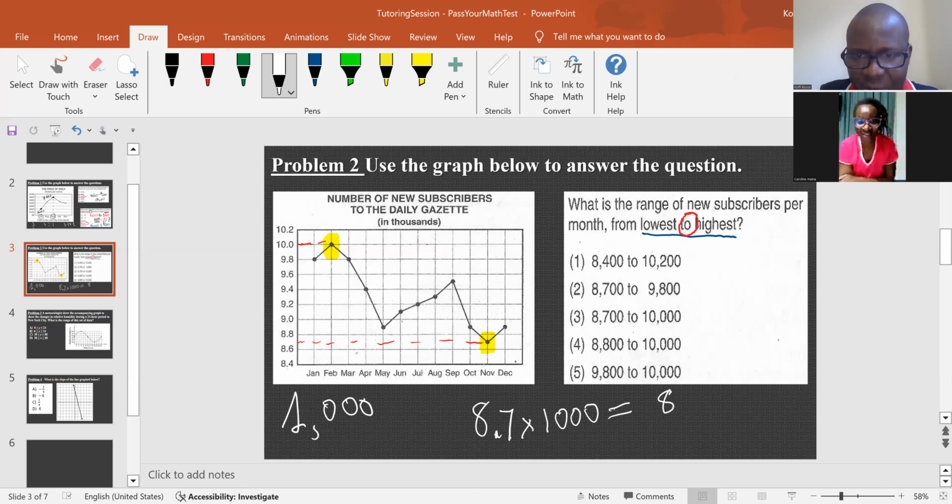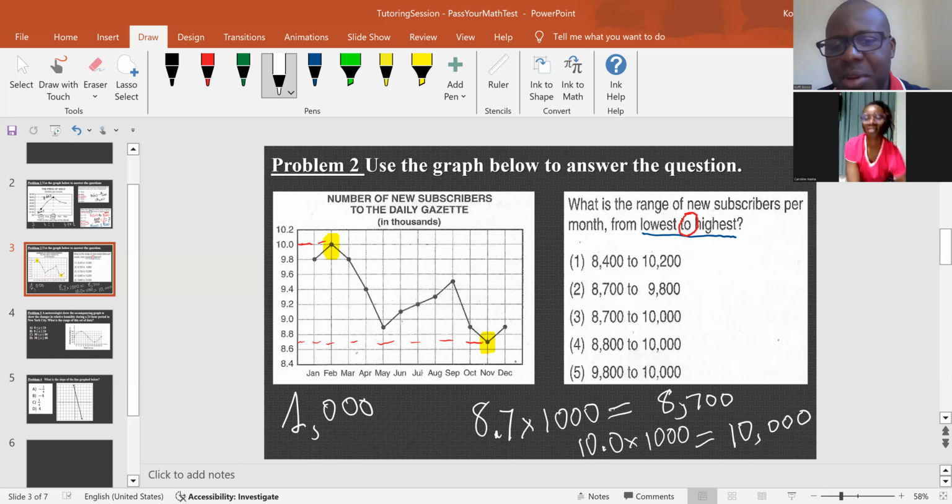8,700. Thank you. And we do the same thing. We take the 10.0, we multiply by 1,000. Understand that 10.0 is the same as 10. So 10 multiplied by 1,000 will be 10,000.